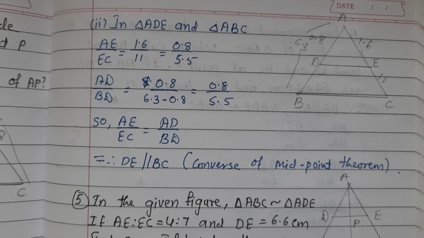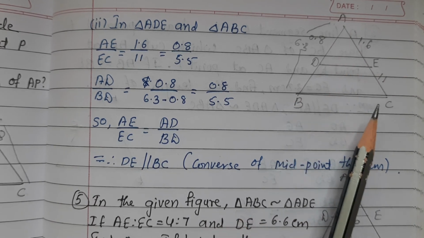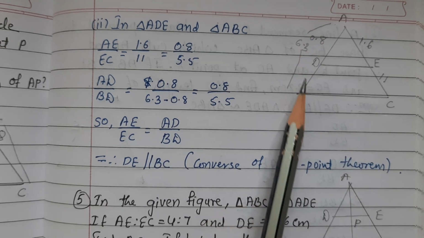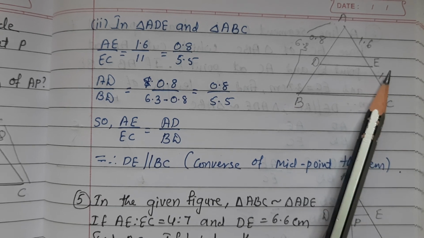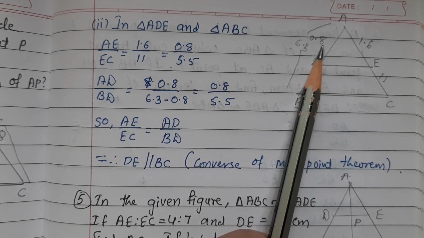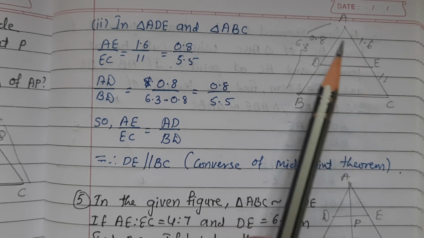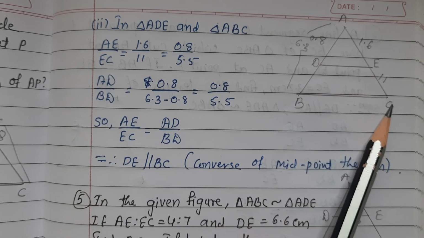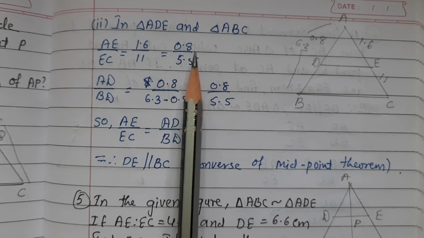Second part, in triangle ADE and triangle ABC, AB equal to 6.3 centimeter, EC equal to 11, AD equal to 0.8 and AE equal to 1.6 centimeter. Then AE upon EC is equal to 1.6 upon 11 equal to 0.8 upon 5.5.